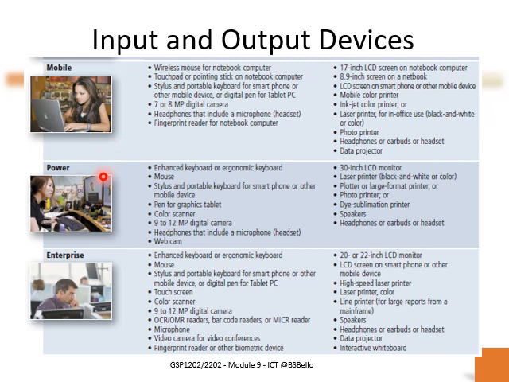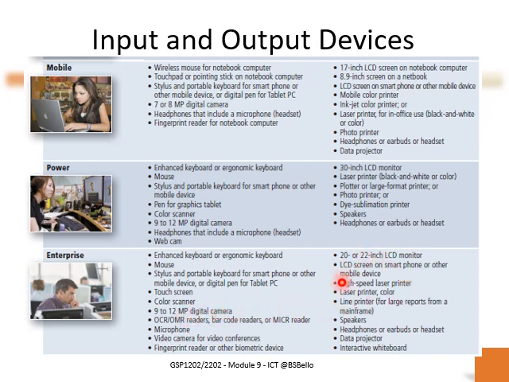When we look at users in a power control or control unit, they require a bigger screen. Enterprise users may also require a keyboard, a mouse, and a higher-quality camera.